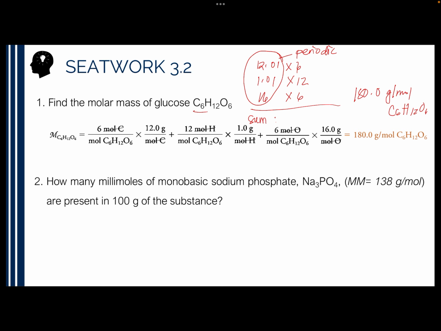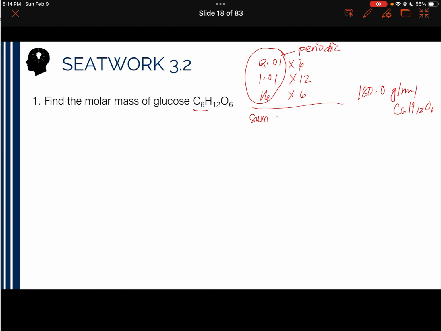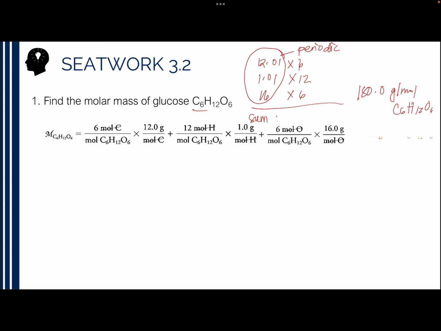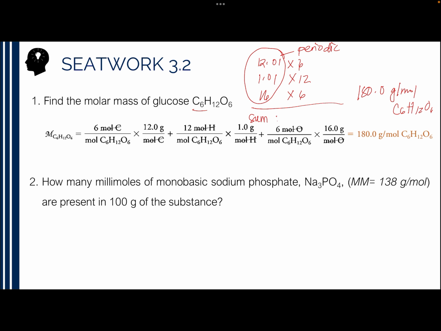How many moles of monobasic sodium phosphate are present in 100 gram of substance? So again, we will start with the given, which is 100 gram times, since it asks for millimoles, we can't go directly to millimoles, so we will use first the molar mass to get the mole.